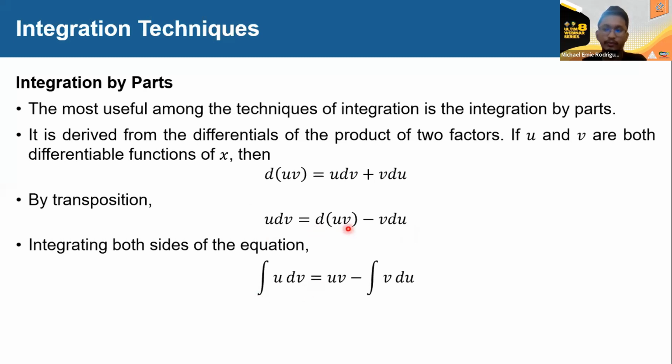So we only have uv minus the integral of v du. So this formula for integration by parts is derived from the product rule of differentiation. Okay, so ito formula natin ha. So we have the integral of u dv is equal to uv minus the integral of v du.